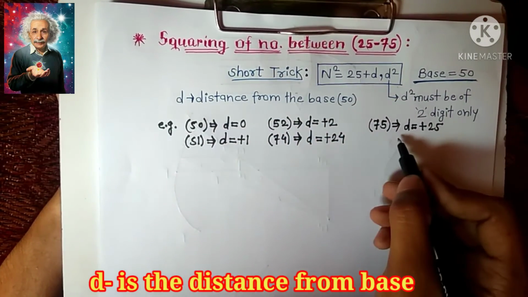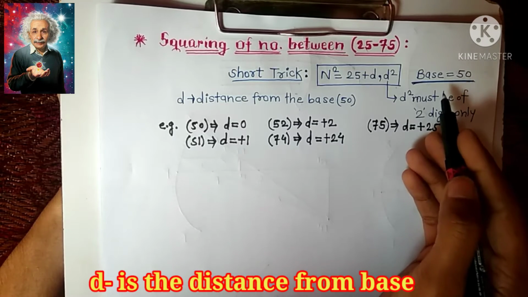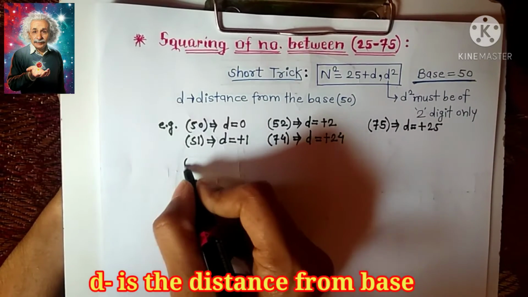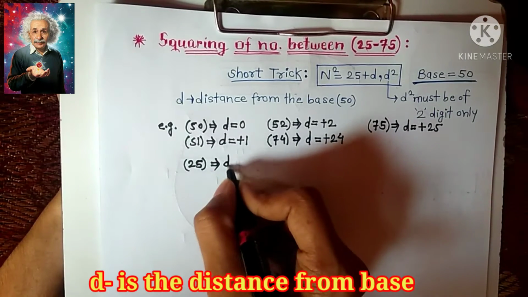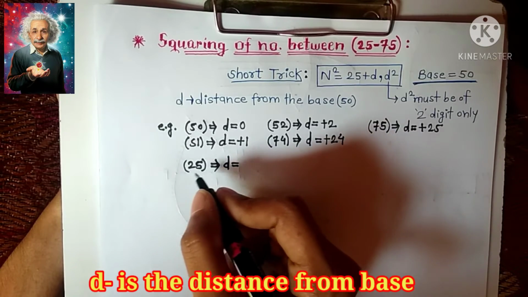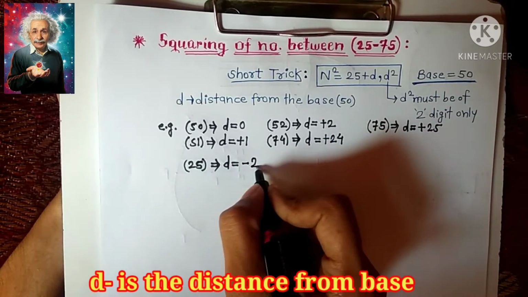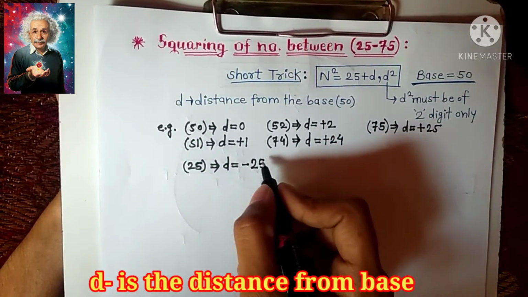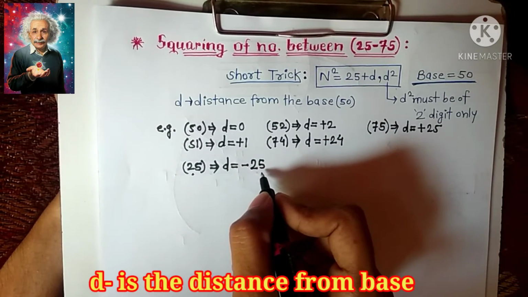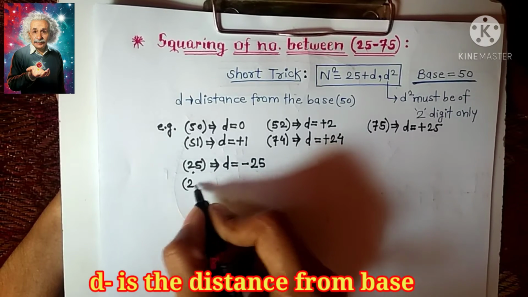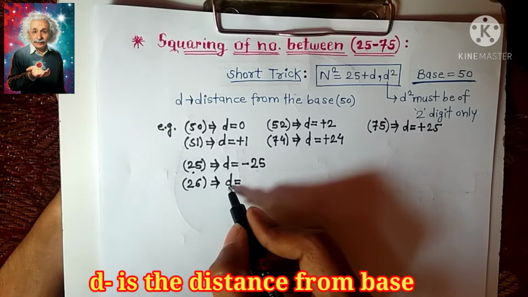Now, all these numbers are above the base 50. Then, what happens if we take the numbers below 50? Let's take 25. If we take 25, then what is the value of d? To obtain 25 from base 50, we have to subtract 25 from 50. So here the value of d is minus 25. Again for 26, what is the value of d? D is the distance from base.